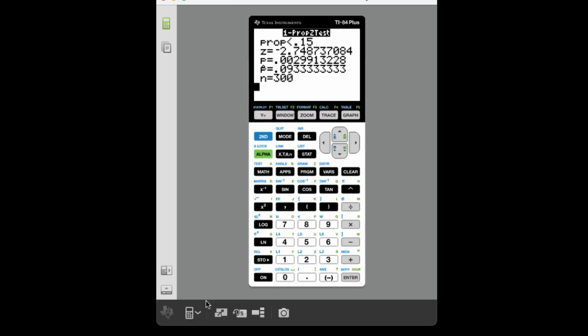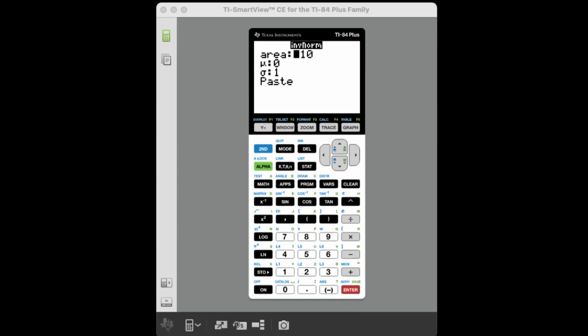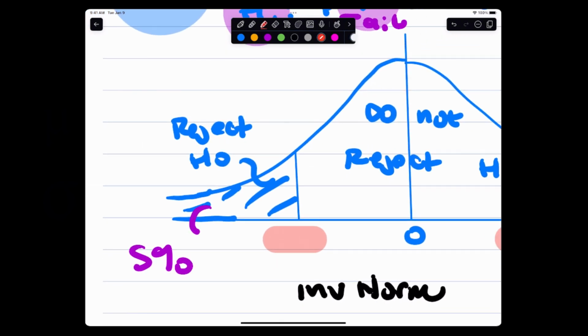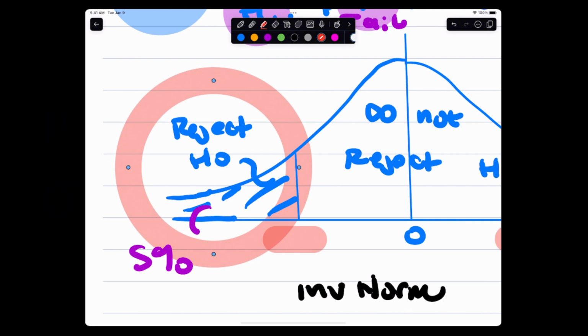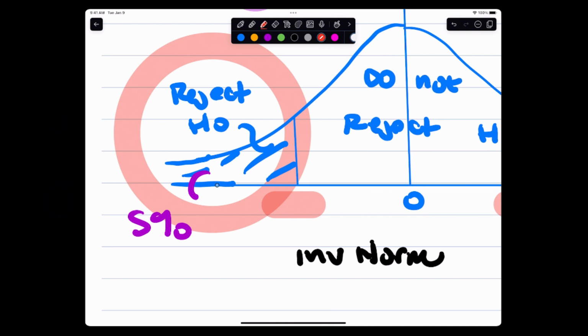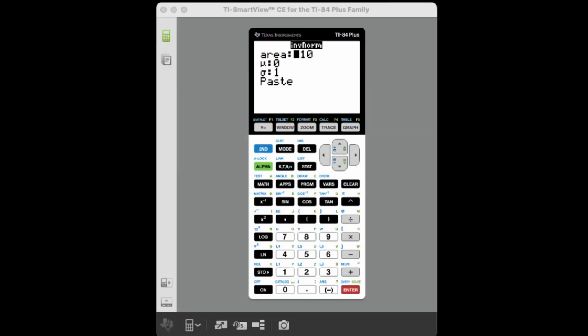Second distribution, inverse norm. Oh, you got area here. What's the default? It doesn't give me the option of a left, center, or right tail. What do I do? You work backwards. The default is 5% area to the left of that critical value. Do you guys remember that? For inverse norm, isn't that the default you use working backwards on the test?